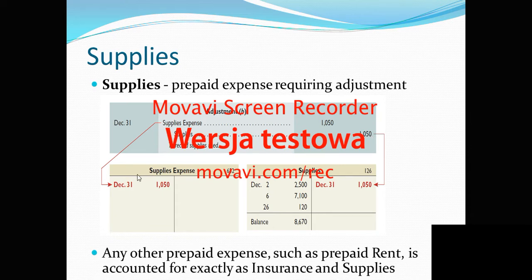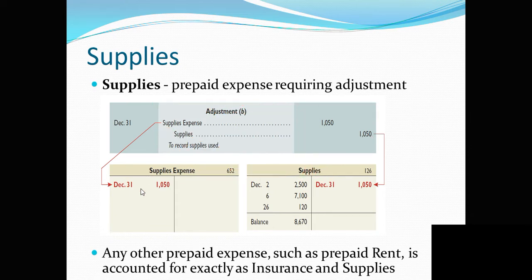And this is how we post them. Expense, we recognize $1,050 expense at the end of the accounting period. That's an adjustment, and that goes to the income statement.